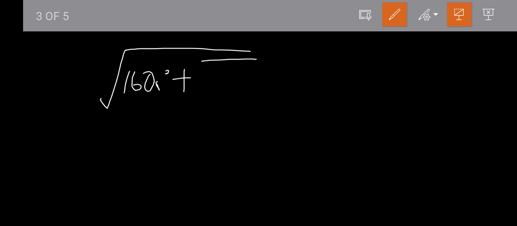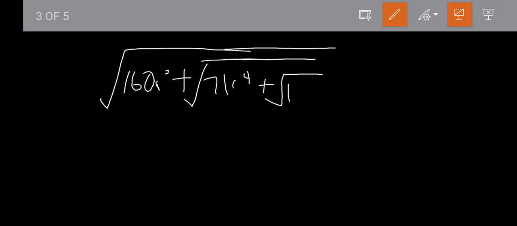So I have the square root of 160 r raised to power 2, and I also have another square root attached to it of 71 r raised to power 4, and then another square root attached to it of 100 r raised to power 8. Let's break it down one by one.